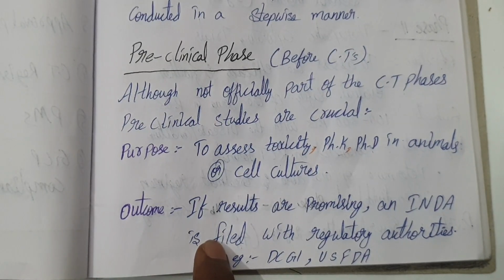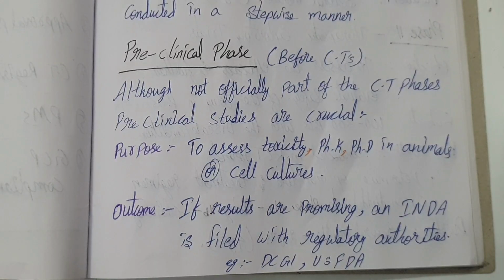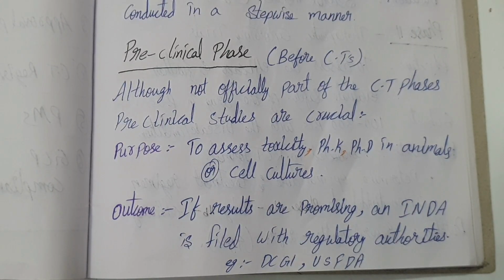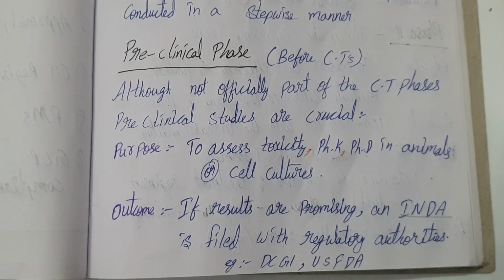So what will be the outcome? If the results are promising, then an IND application, investigational new drug application, is submitted to regulatory authorities like DCGI or US FDA.